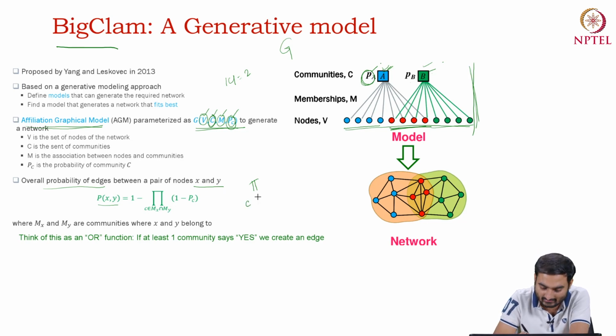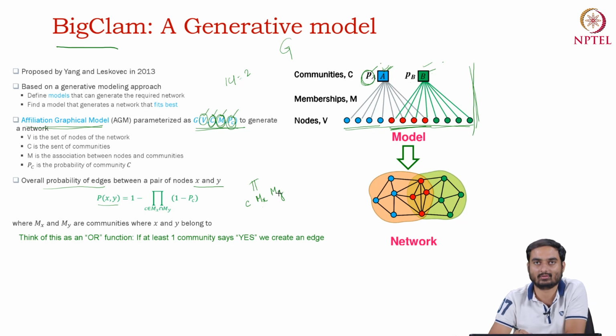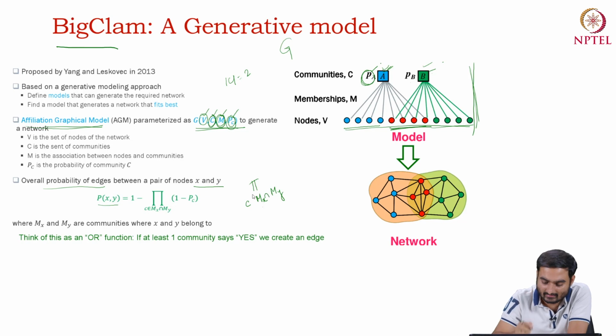Let us say MX is a set of communities. M, as I already mentioned, is the node community association metric. You basically know that this node belongs to these communities, this node belongs to these communities. So, MX is the set of communities where X belongs, MY is the set of communities where Y belongs. We take the intersection, and C is one such community where both the nodes belong.